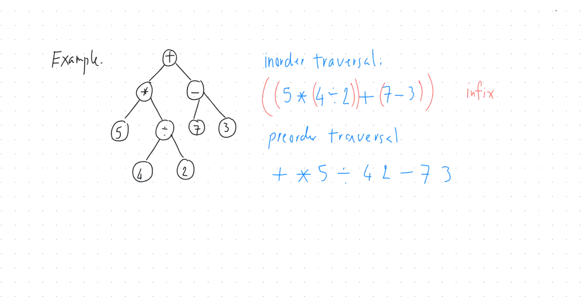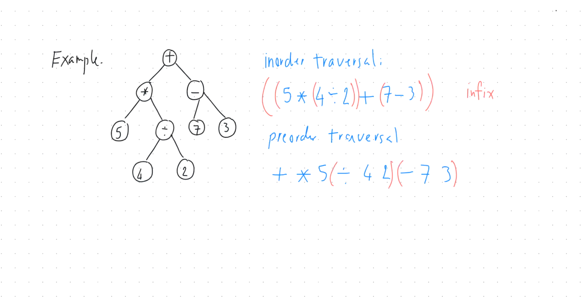So if you want to fully parenthesize this again, this is what's going on here, right? The subtraction of 7 and 3, so 7 minus 3, as we are used to, and so on and so forth. Division 4, 2, so that's 4 divided by 2, and then multiplication of 5 and this.